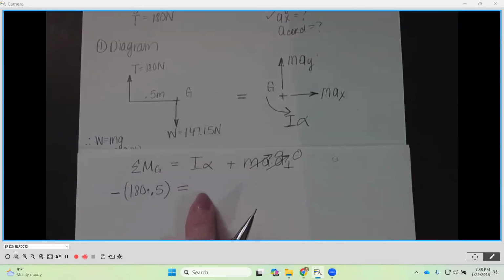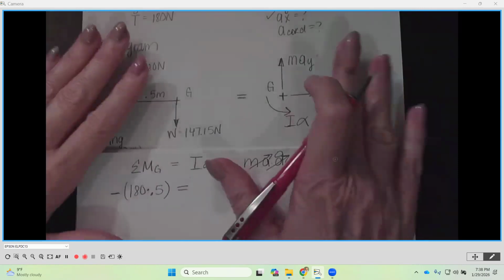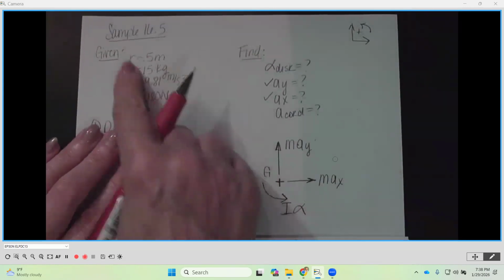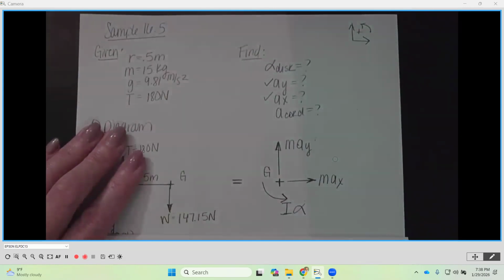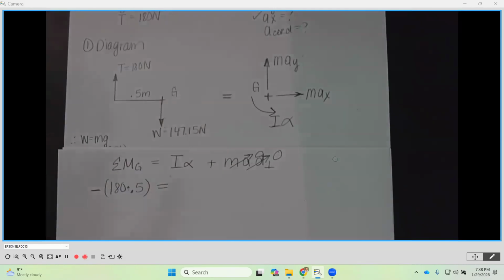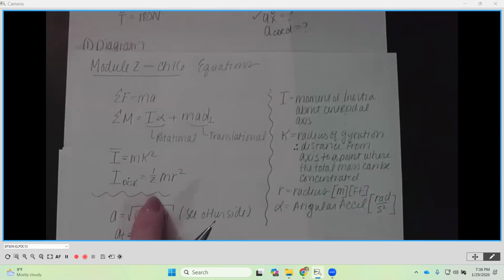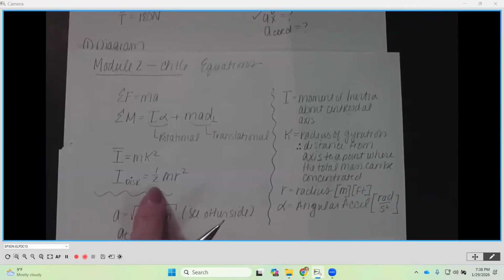So now I have my rotational inertia. Okay. To calculate that, I need to use the information that was given to me up in my problem, which was the radius and the mass. So this is a disk. If you recall, on our sheet here, we did write this one down for this purpose, okay? So it's going to be equal to 1/2 times the mass times the radius to the outer edge, okay?